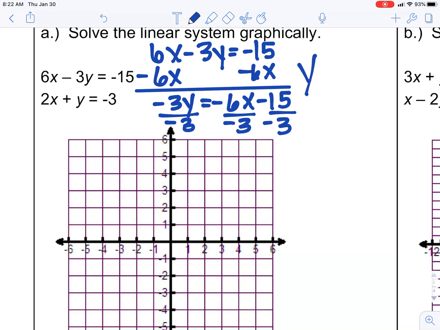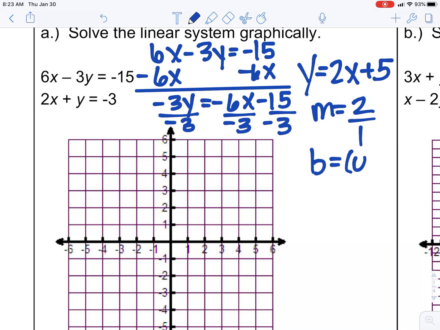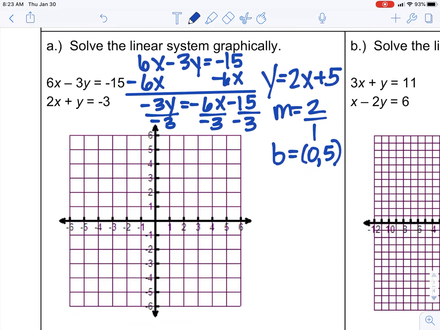And that gives me y equals 2x plus 5. My slope, I want to write in fractional form, 2 over 1. My y-intercept, I want to write as a coordinate pair, 0, 5. And I now can graph this.